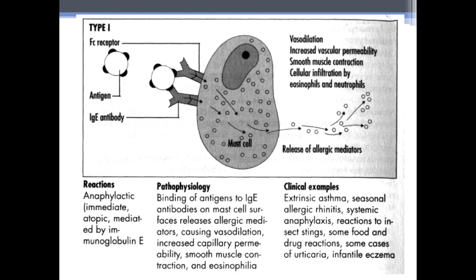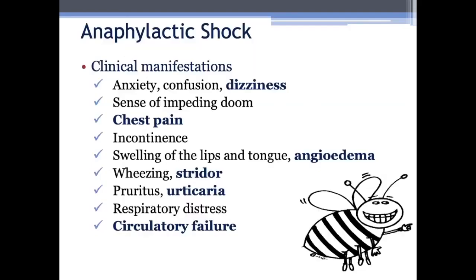Sometimes it could be bronchoconstriction, and patients suffer from increased vascular permeability and some manifestations from the skin or mucous membrane, but sometimes the patient can suffer from additional symptoms such as urticaria, could be stridor, chest pain sometimes, and as a common sign, swelling of lips and tongue and angioedema.